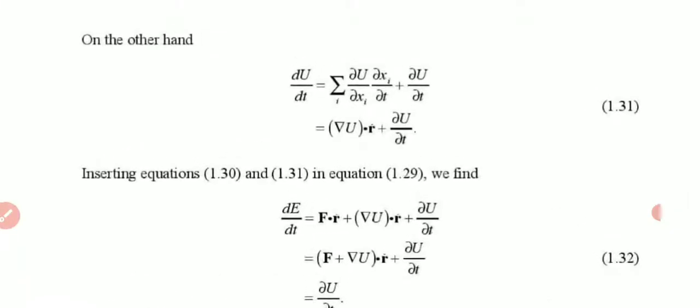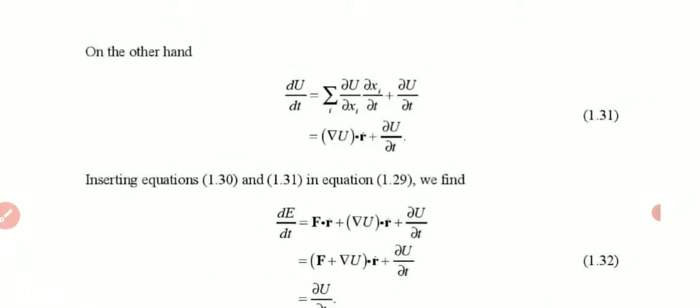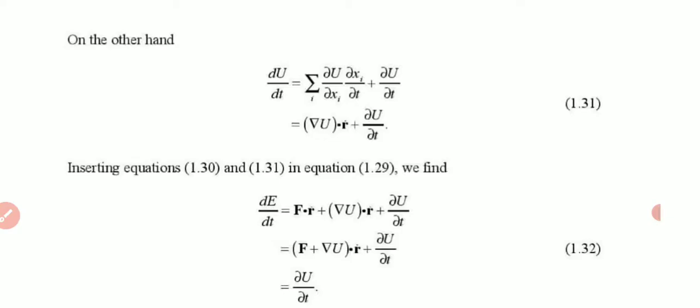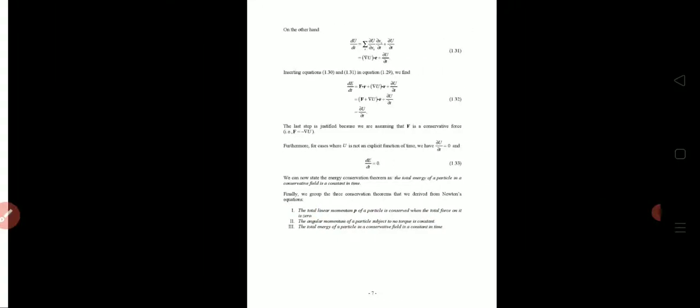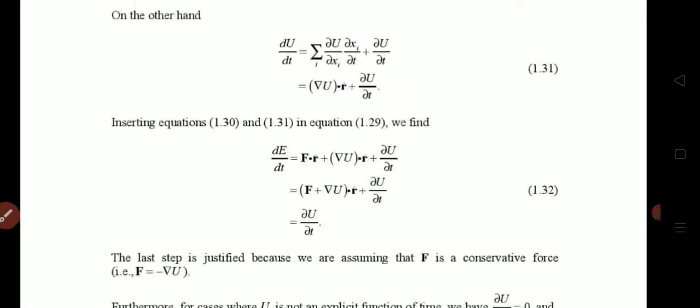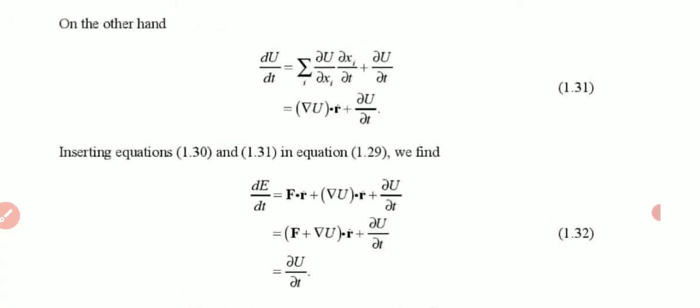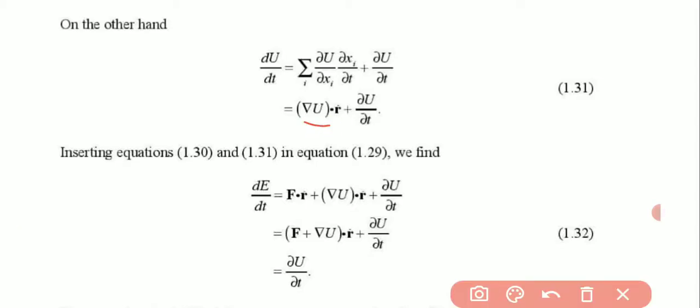On the other hand, dU by dt is equal to the summation over i of partial U by partial xi times partial xi by partial t, plus partial U by partial t. This will be equal to del U dot r dot plus partial U by partial t.